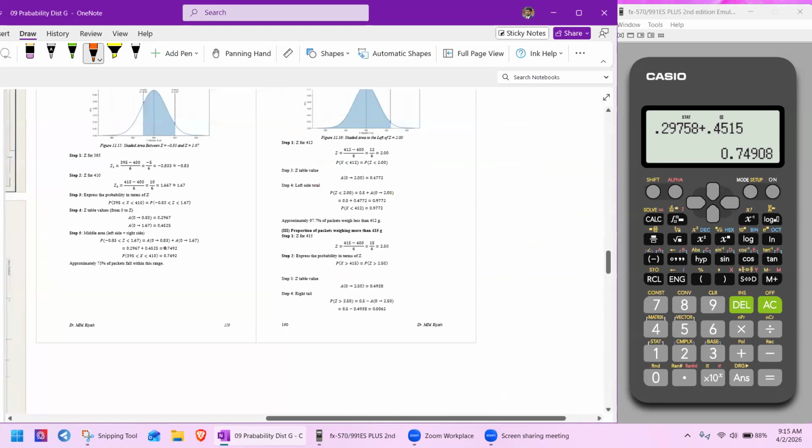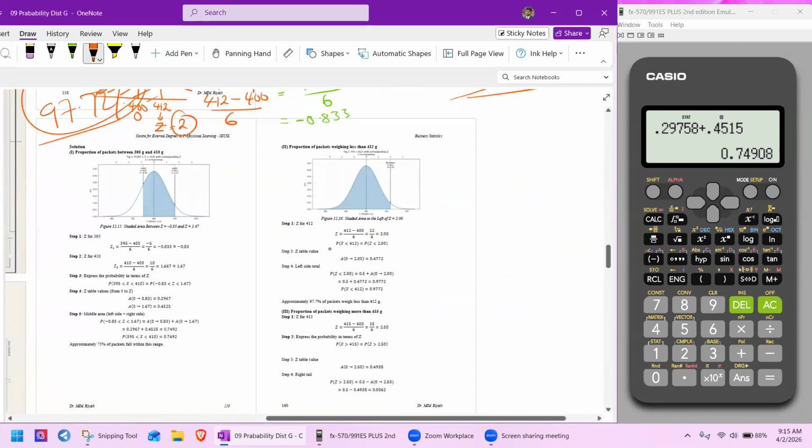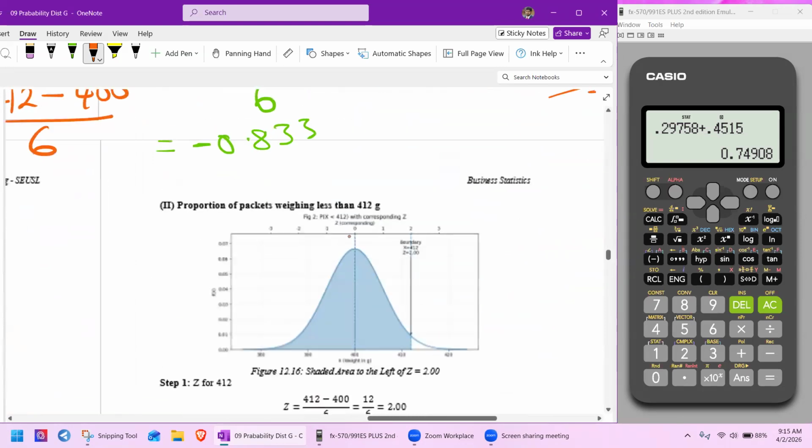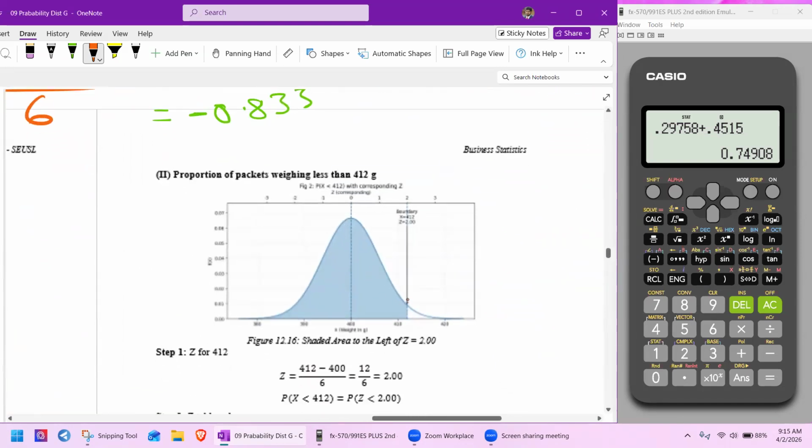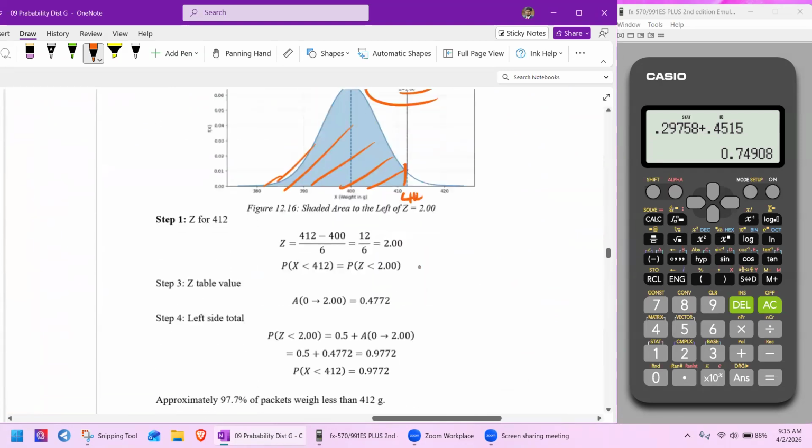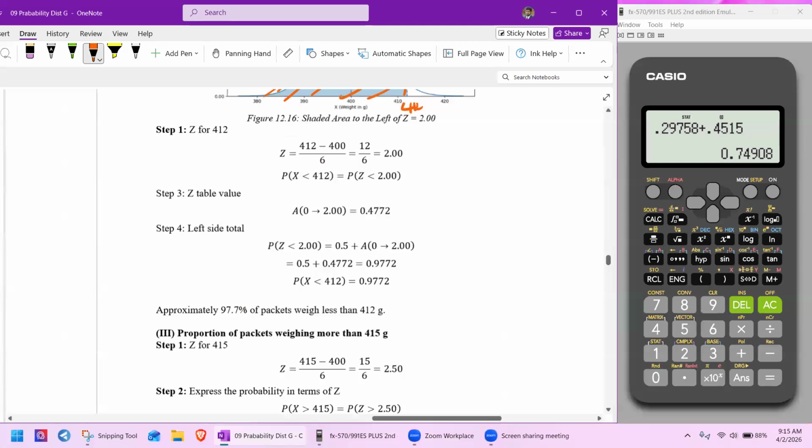Here you can see this is 412, and less than this is the area. Approximately 97.7% of the packages weigh less than 412.